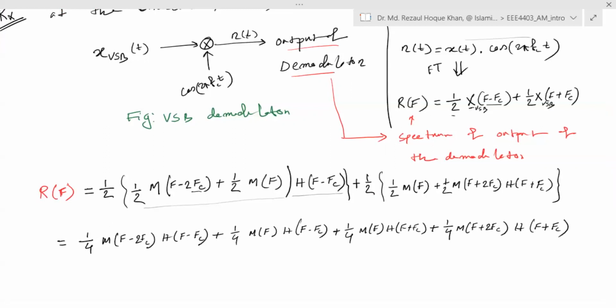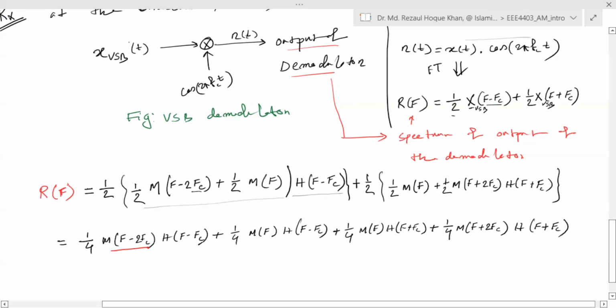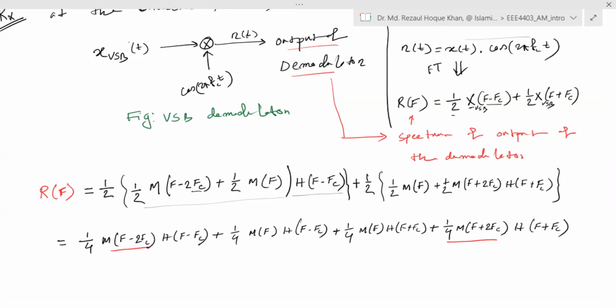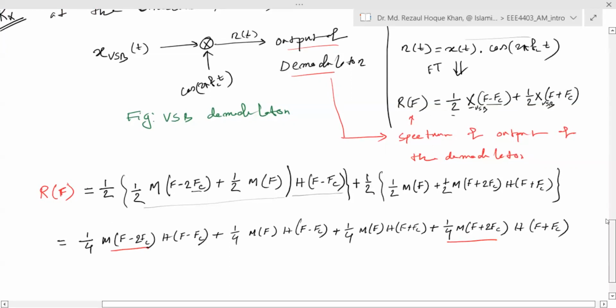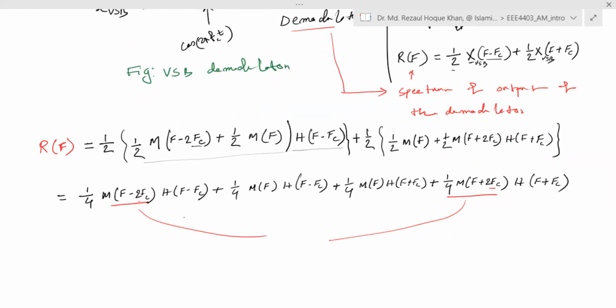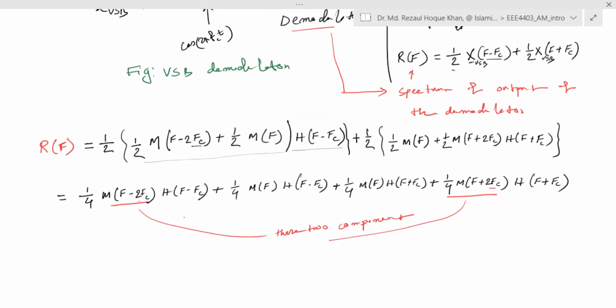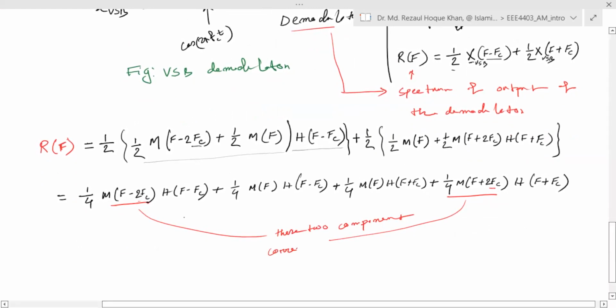Okay, so we can see that this twice fc and this twice fc, these two components, this one and this one, their center frequency is in twice fc, so these two components correspond to twice fc frequency, right?